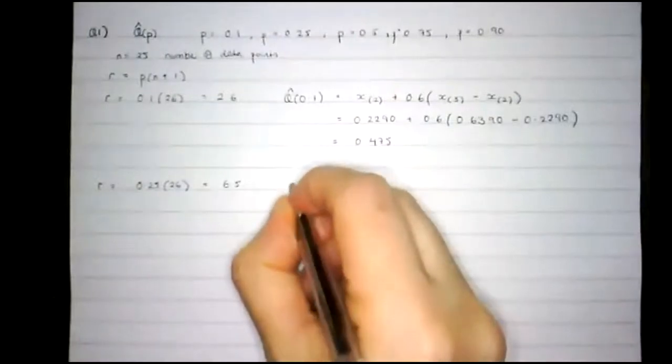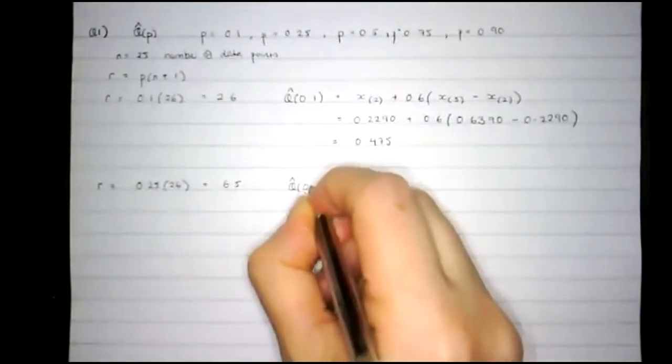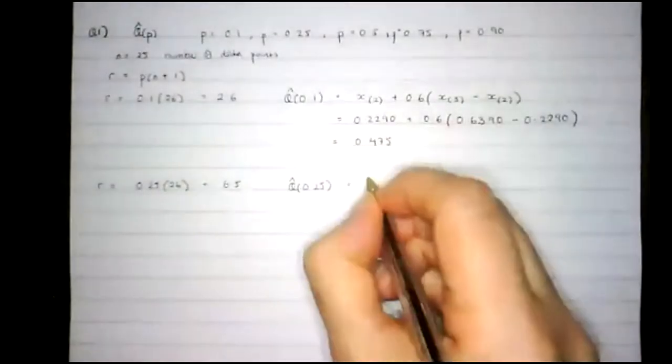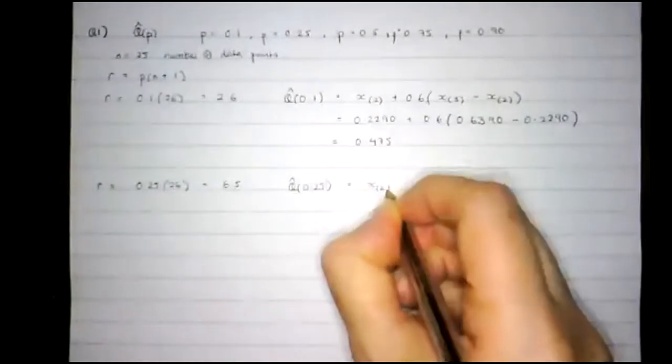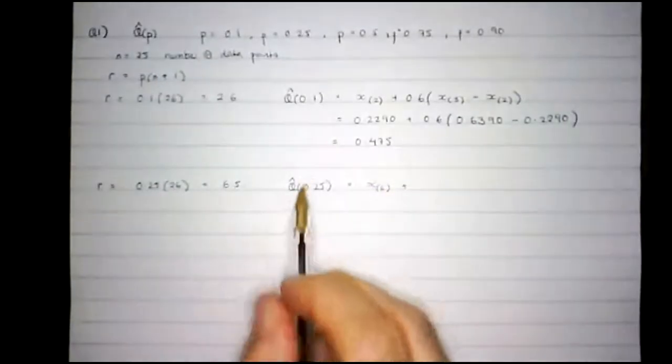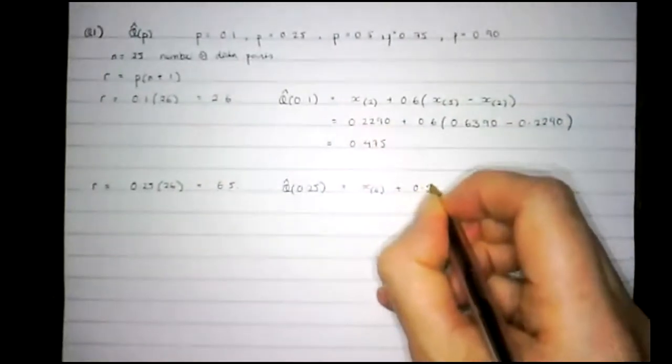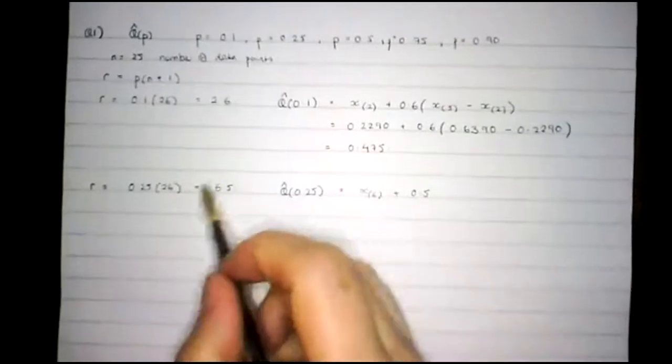So for R equal to 6.5, the 25th percentile is going to take a similar form. I'm going to need to put the sixth element here, and then I'm going to have the 0.5, the non-integer part of this number, and then x7.